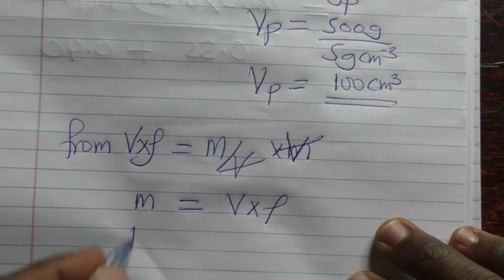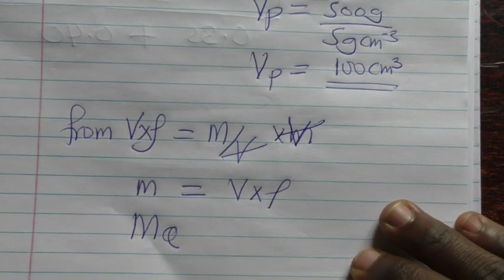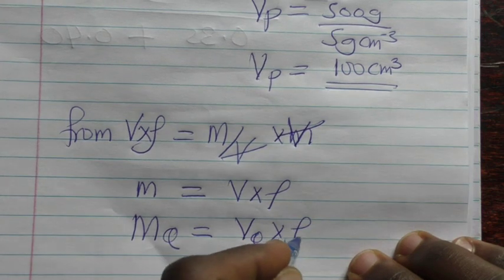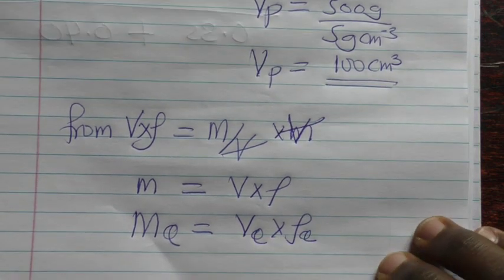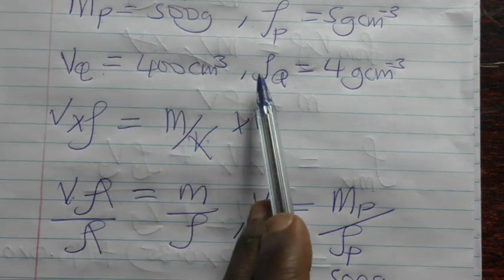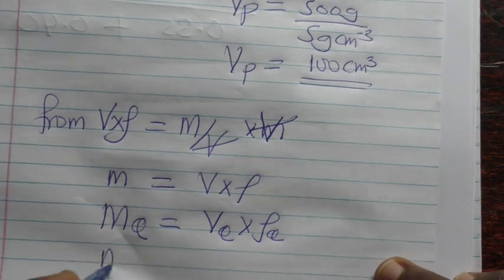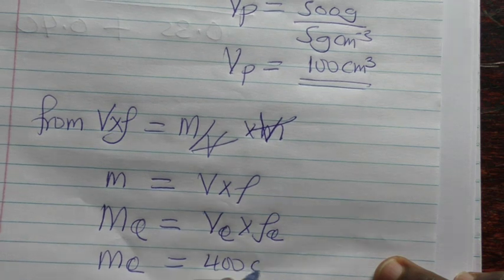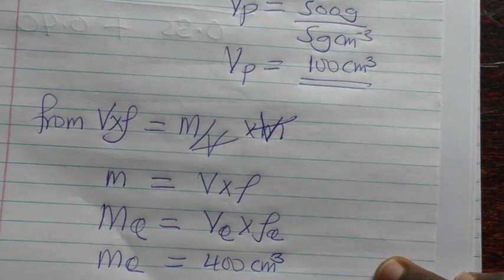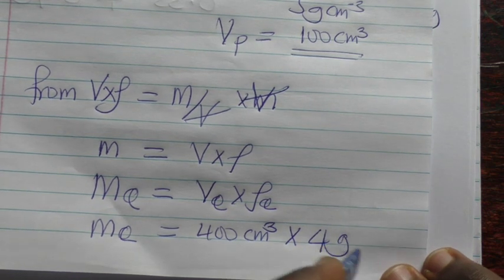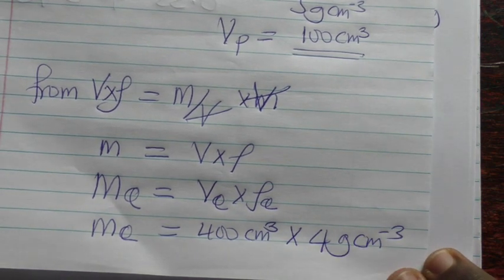So meaning that mass of Q will be volume of Q times the density of Q. And good enough, we are given the volume of Q and density of Q. So when we multiply the two, that gives us the mass of Q as 400 cubic centimeters times 4 grams per cubic centimeter.